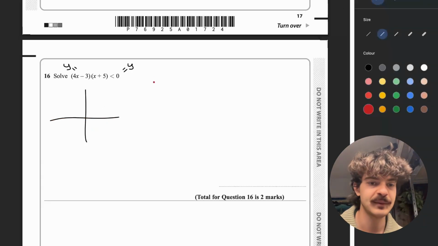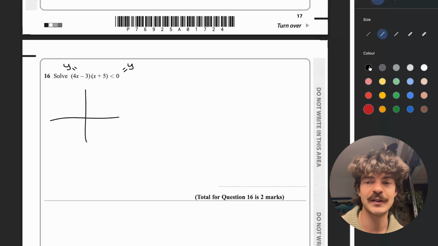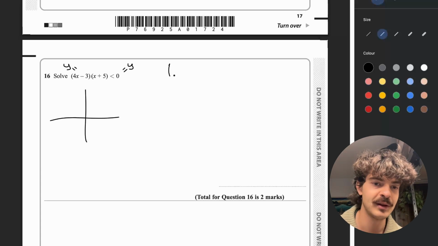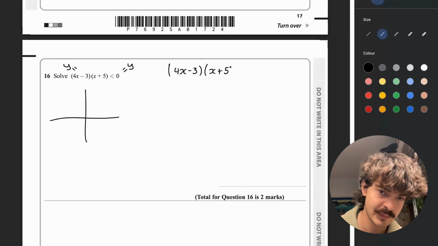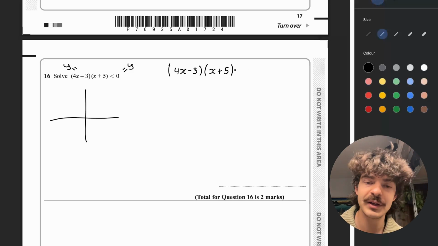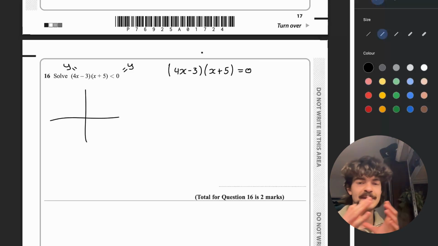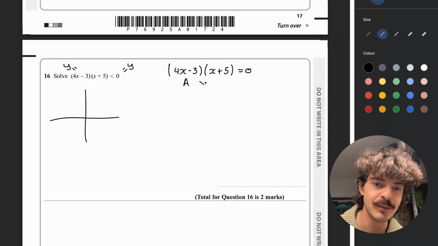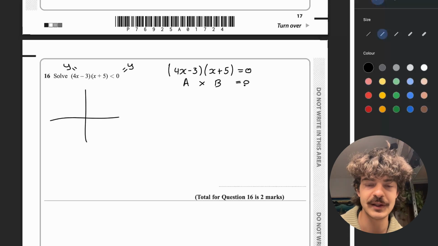Let's run through the maths. So to find our roots of this quadratic, let's not dwell too much about anything else at the moment. We've got 4x minus 3 and x plus 5. And to find our roots, well, we can set this equal to 0. And we need to consider when each of these parts is equal to 0 as well. Think of this like a multiplied by b, where a is this value and b is this value, is equal to 0.